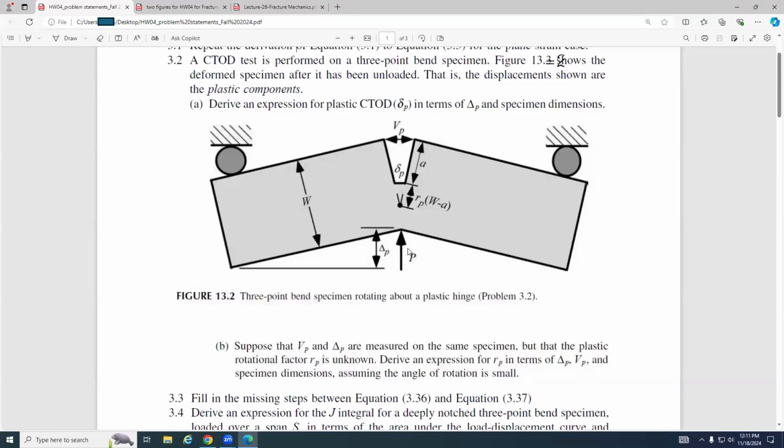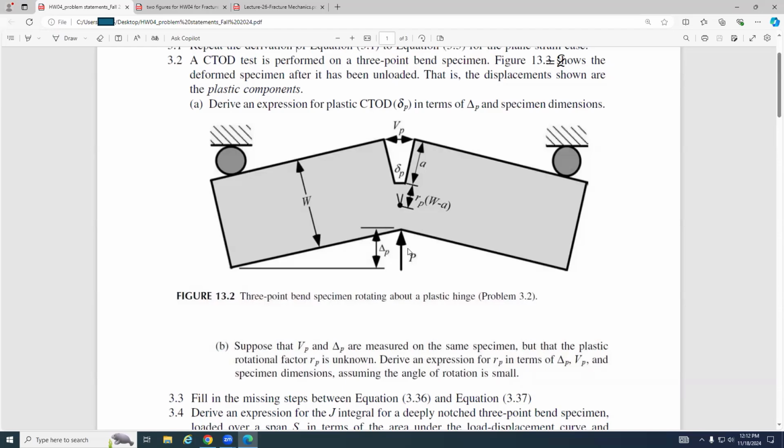We take the derivative of both sides and get d delta P equals W, sorry, there is no 2 here, W over A plus RP multiplied by B, then multiplied by d VP.